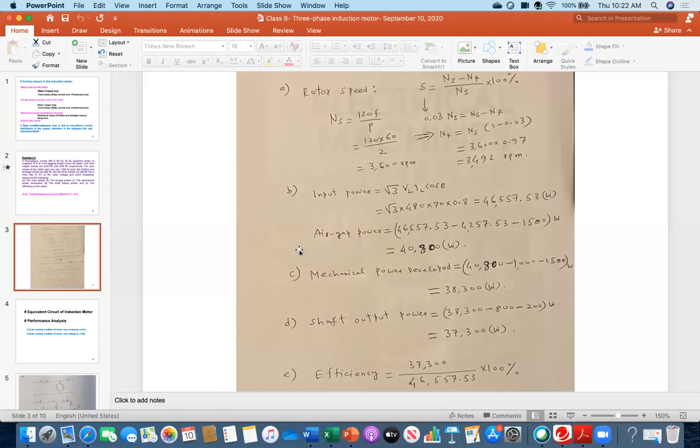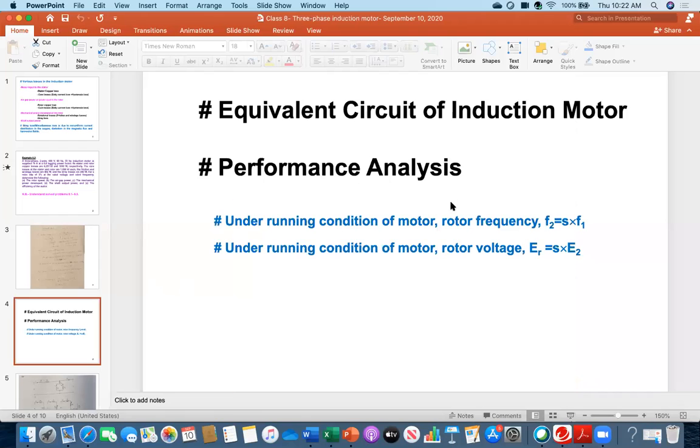Okay, so moving forward, I think you could understand that the induction motor is very similar to a transformer. The stator is the primary circuit of the transformer and the rotor is the secondary, and the working principle is the same. So the way we discussed the equivalent circuit of a transformer, today similarly, we will be discussing the equivalent circuit of the induction motor.